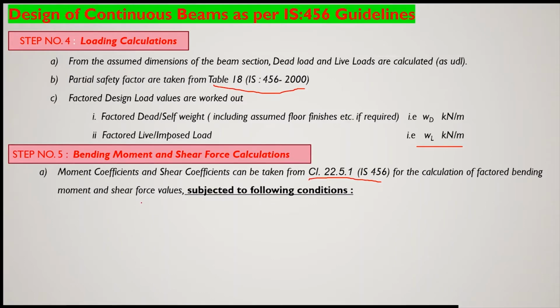But here we have to note what the code is restricting. The code is saying that before taking these moment coefficients as well as shear coefficients into consideration, we have to check whether certain conditions are fulfilled. A few conditions are suggested by the code before picking the moment coefficients and shear coefficients for the calculation of bending moment and shear force.